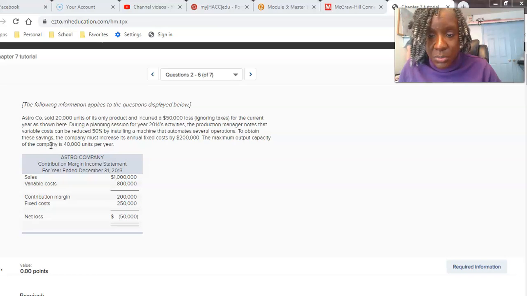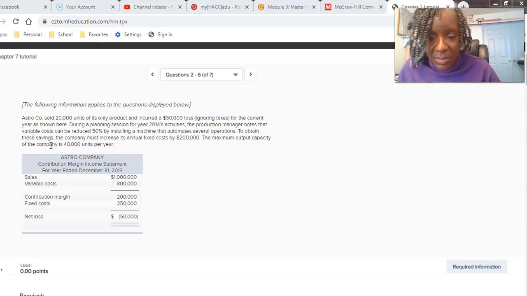Astro sold 20,000 units of its only product and incurred a $50,000 loss, ignoring income taxes, for the current year, as shown here. During the planning session for the 2014 initiatives, the production manager notes that the variable cost can be reduced by 50% by installing a machine that automates several operations.